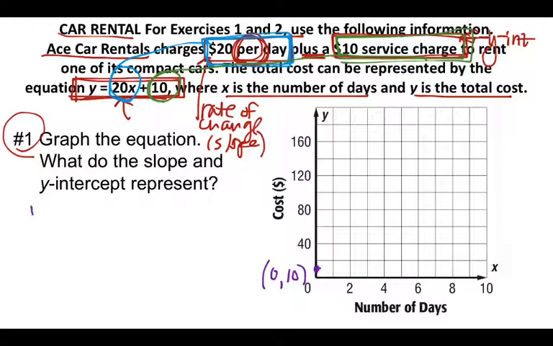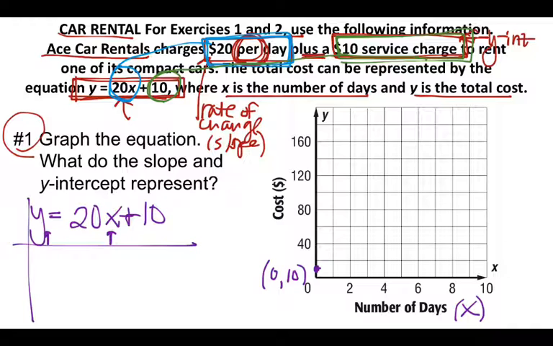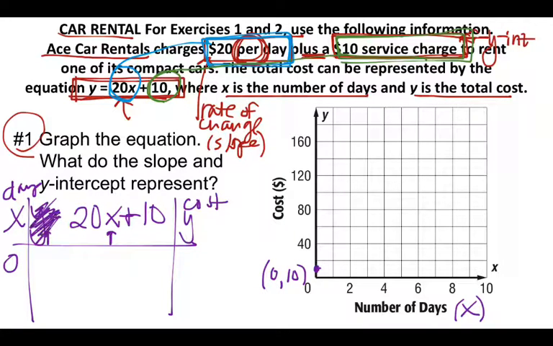Now, if my equation is y equals 20x plus 10, x is my number of days, y is my total cost. So if I were to put this into a table, x is my days, y is my cost. At 0 days, it's $20 per day plus the $10 fee.